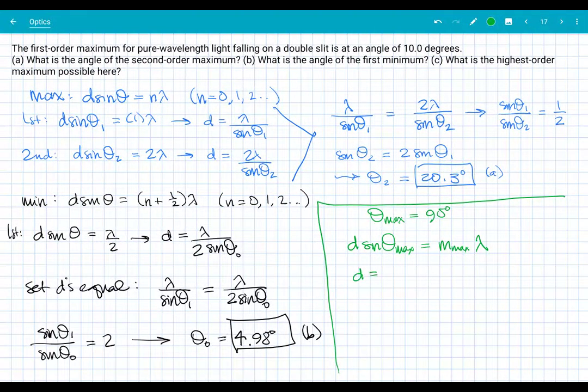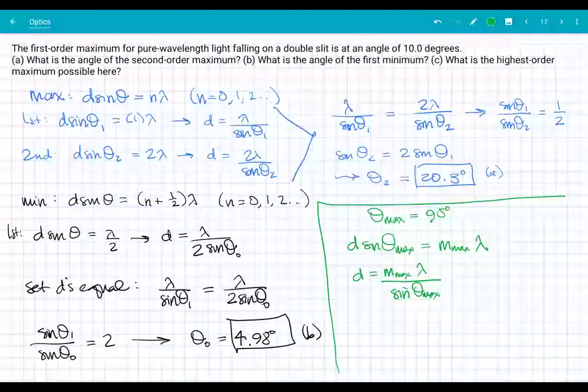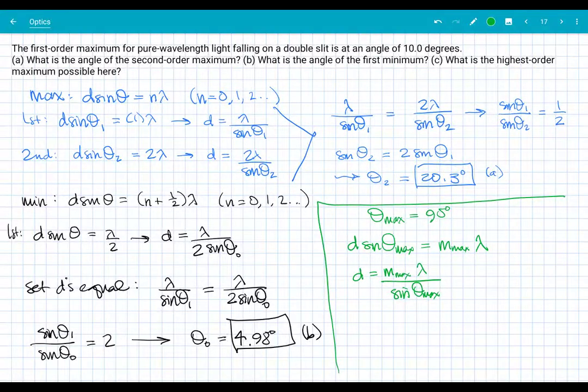Solving for d, d equals m max lambda over sine theta max. And remember, if we put in 90 degrees for theta max, that's going to give me m max lambda over 1 here, right?